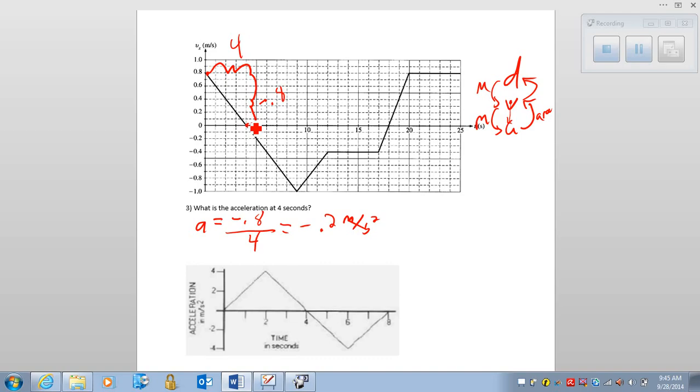So don't get confused about that. At 4 seconds, the velocity is 0, but the acceleration is not. The object is still moving according to this graph. So the acceleration runs right through there. What it did do was it changed direction.